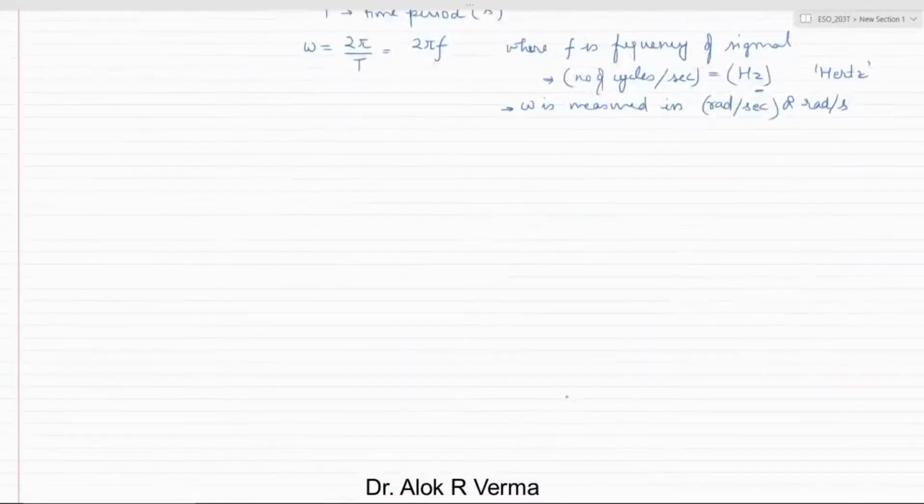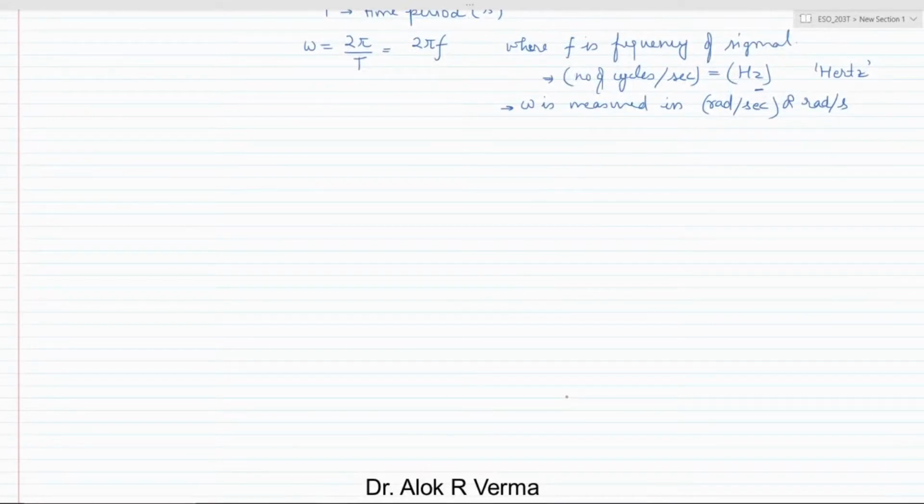Now let us look into some of the other things, where we find out that V of t plus nT is nothing but V of t, where n is an integer and T is the time period.